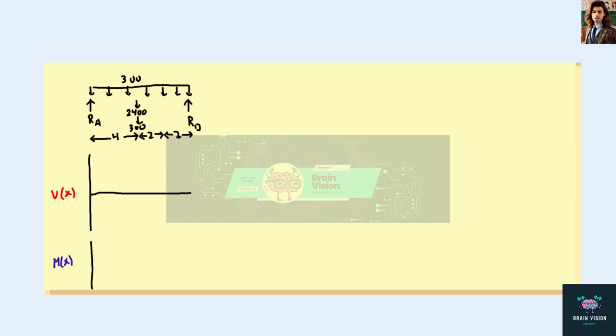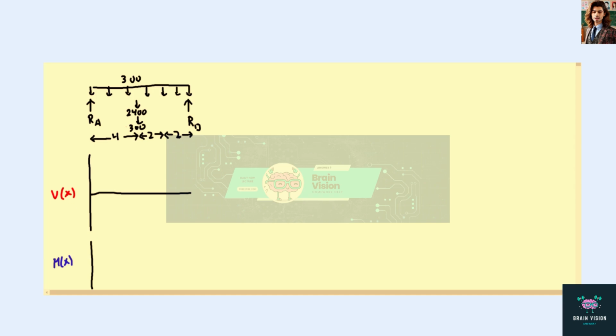We have a simply supported beam AD with a uniformly distributed load and an applied load. We want to draw the shear and bending moment diagrams and determine the location and magnitude of the maximum bending moment. Okay, so now we've drawn the resultant load from the uniformly distributed load and the applied load.